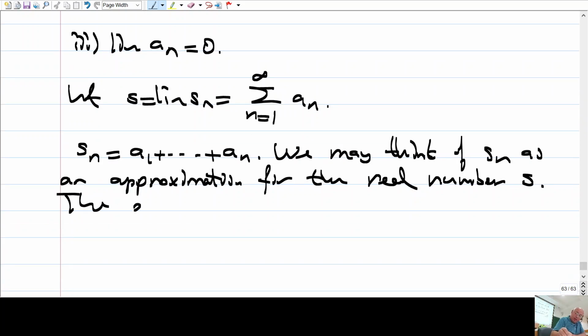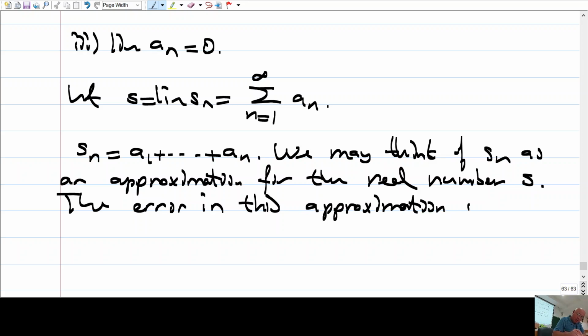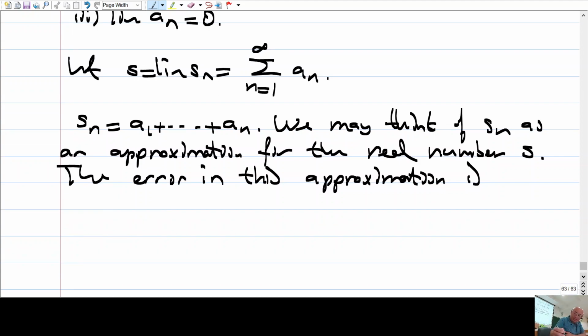The error in this approximation is how much? Well, this is the actual value, this is the approximate value. Error is the difference in absolute value, right?